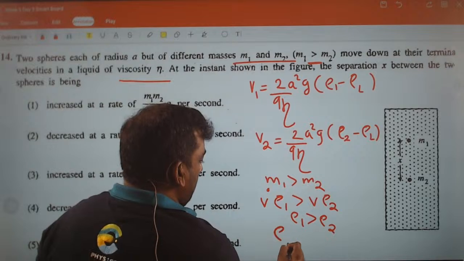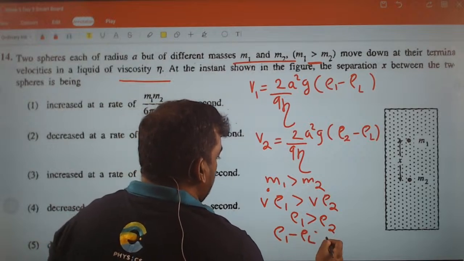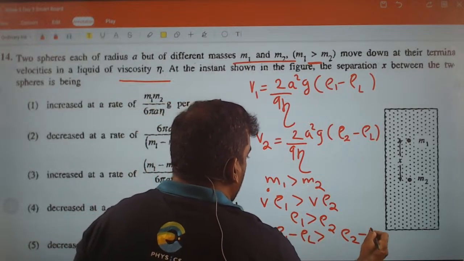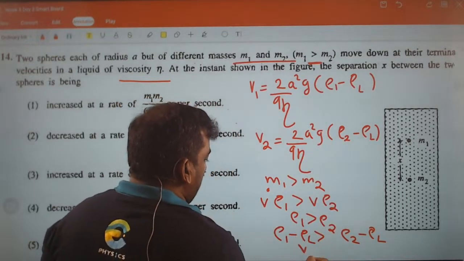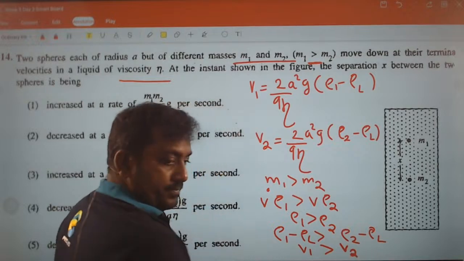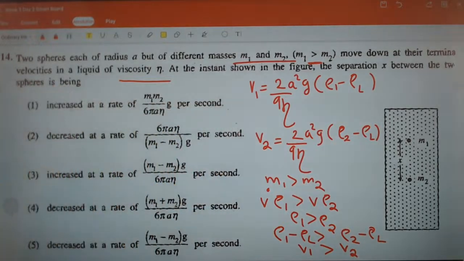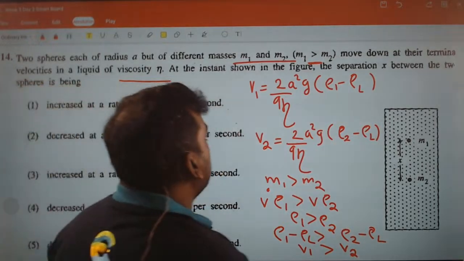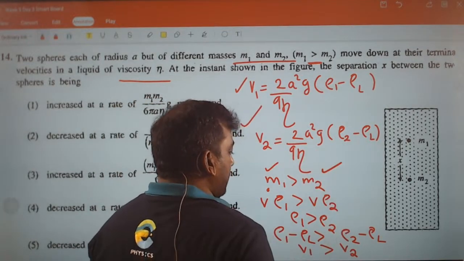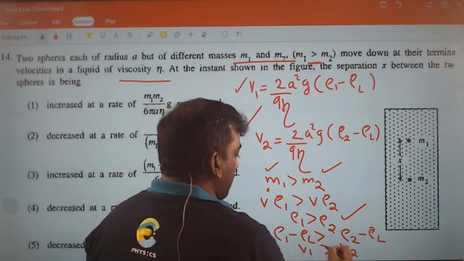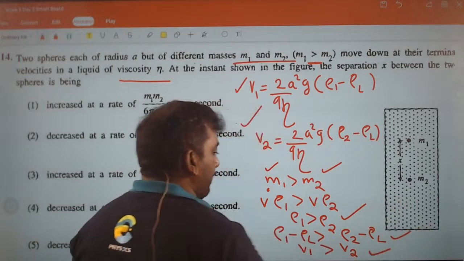Therefore rho 1 minus rho l is greater than rho 2 minus rho l. Larger difference means v1 is larger than v2. You should be able to make these conclusions quickly.